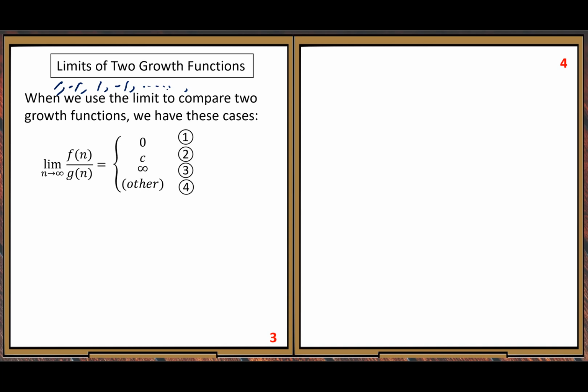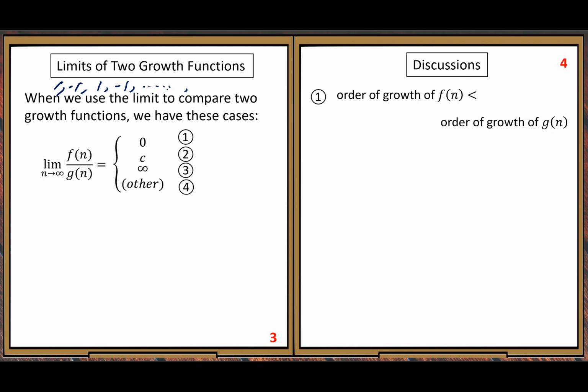Four cases. So now, let us look at all these cases and try to create categories for them. Let us do a simple discussion. The first case: look at this ratio of two growth functions, f of n over g of n.